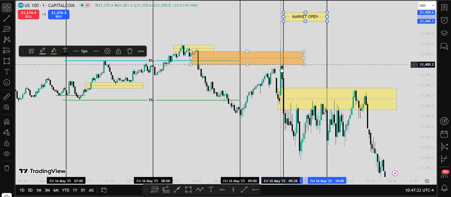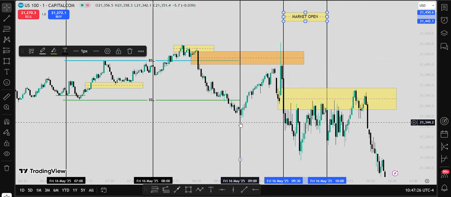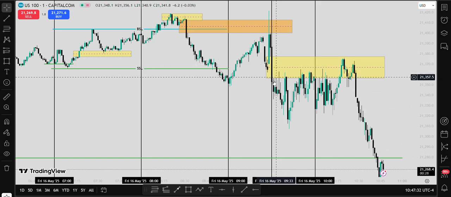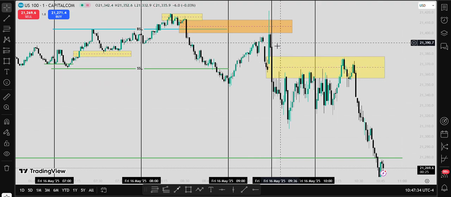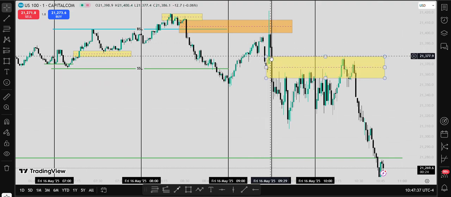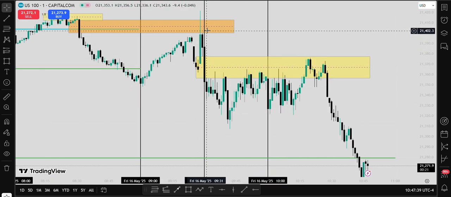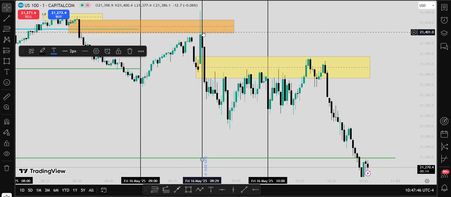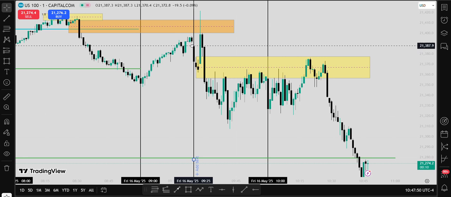Once it respected this CB, it sold off, taking out this low and creating this one. But before selling off, we can see that at 9:30, let me remove this so that we can see clearly, right there.